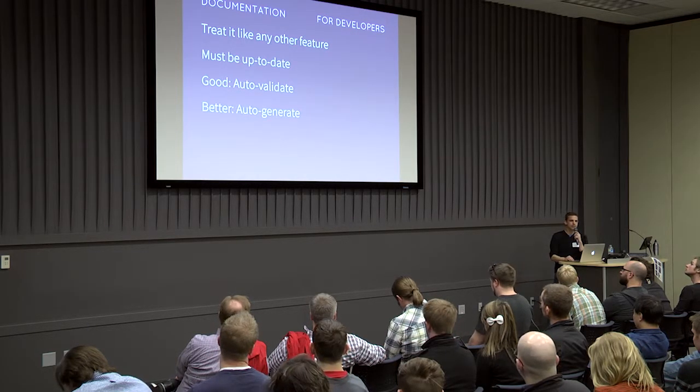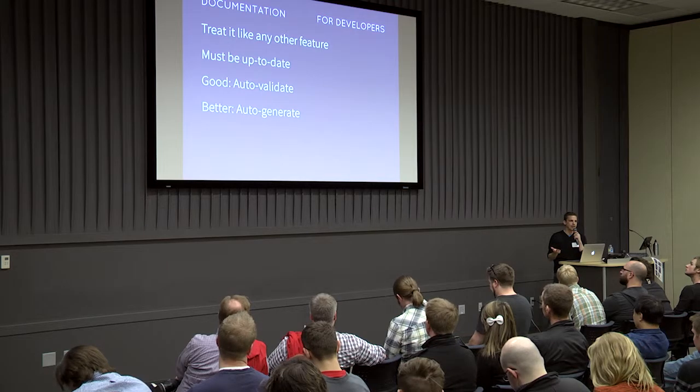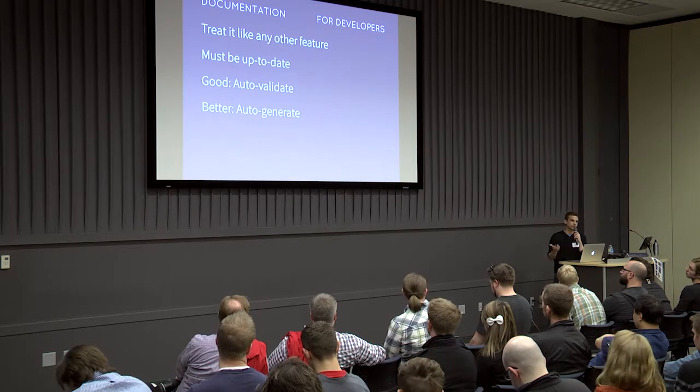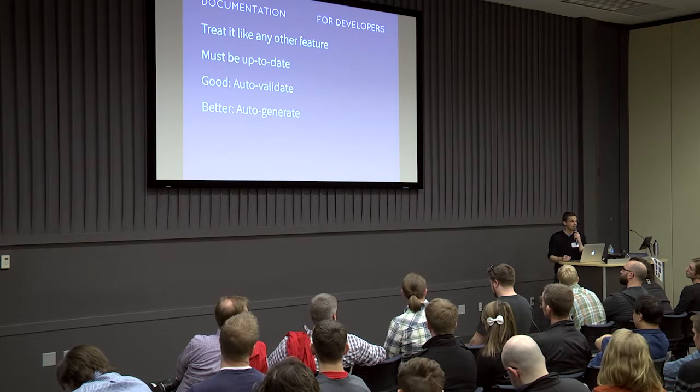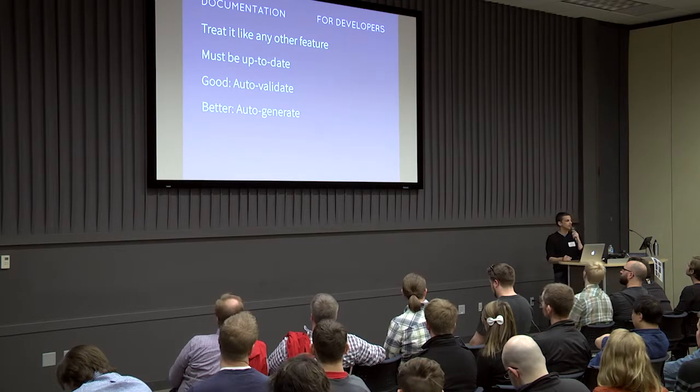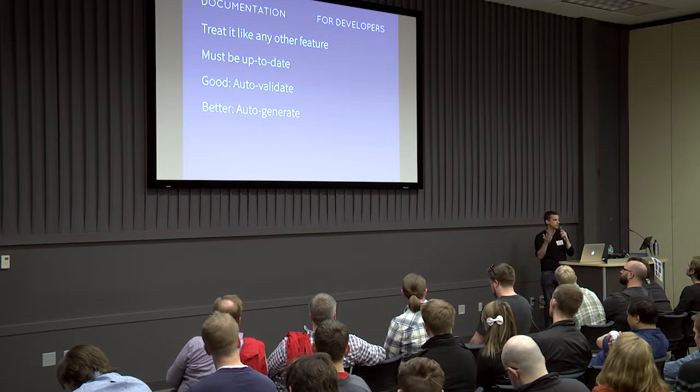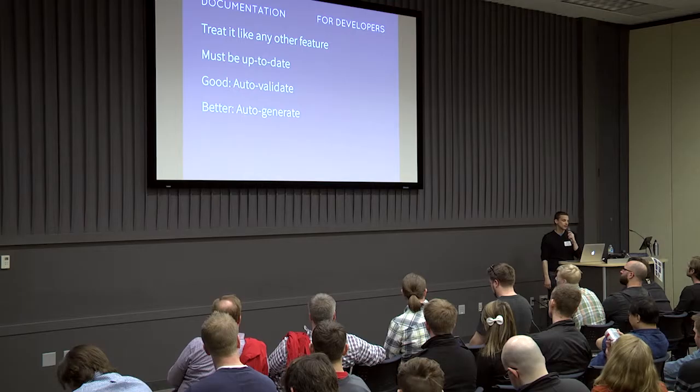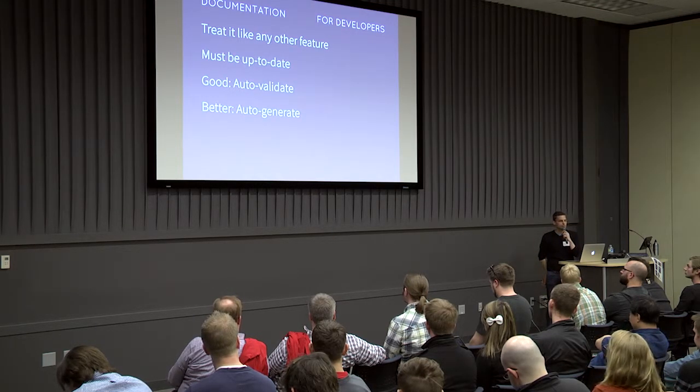Some other places publicize that they actually auto-generate their documentation, which, depending on the way you look at it, could be even better. If you have all your documentation in the code and it's just available in the source and can be auto-generated by some other tool, then that's really convenient and could work out really well.